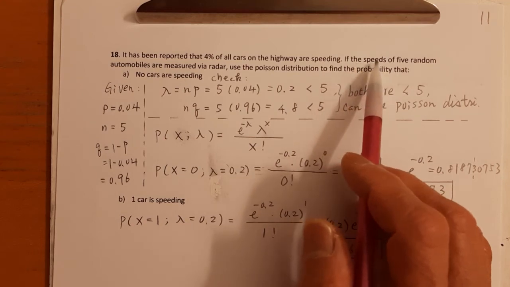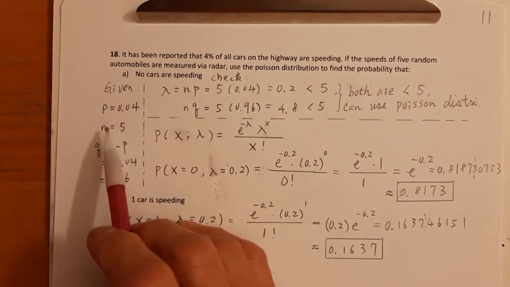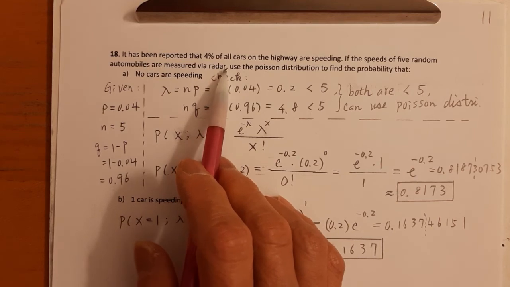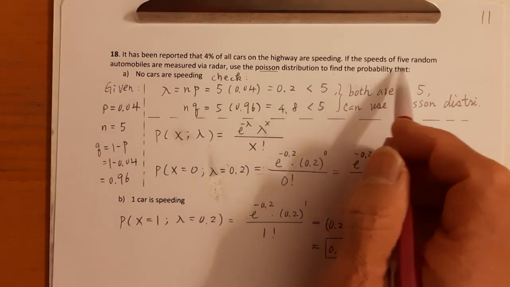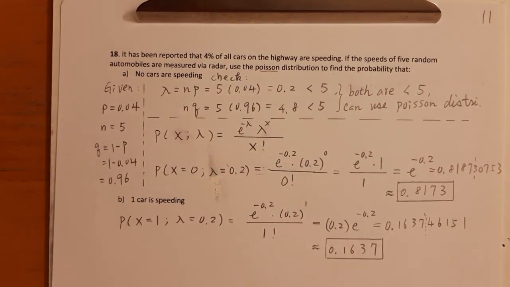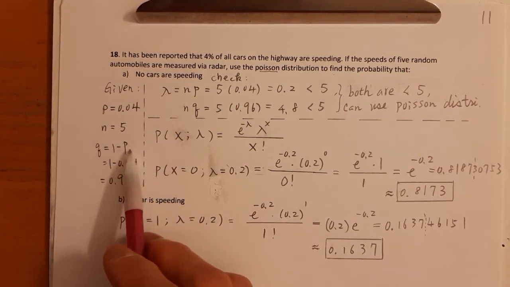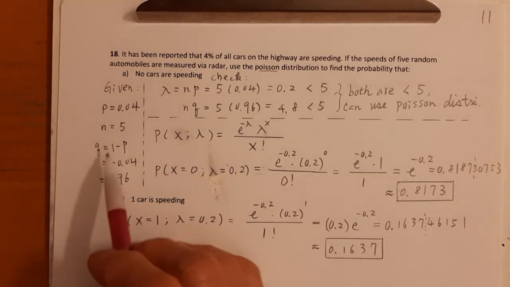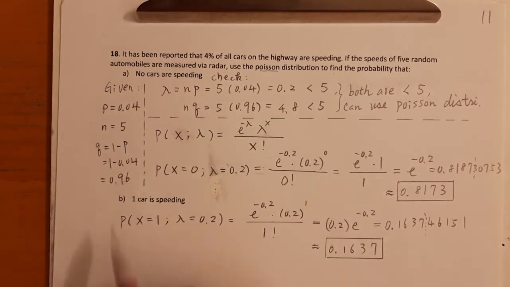If the speeds of 5 random automobiles, so n equals 5, are measured by radar, use the Poisson distribution to find the probability of the following. So here, P equals 0.04. So Q equals 1 minus P. 1 minus 0.04 gets 0.96. So 4% are speeding, 96% are not speeding on the highway.